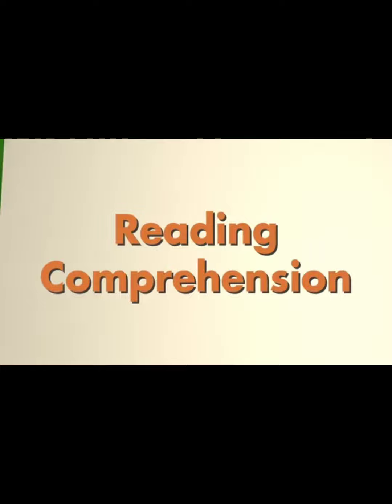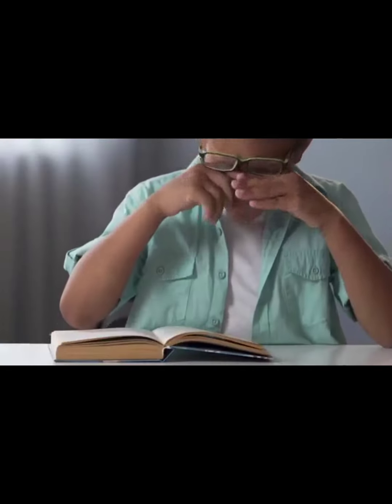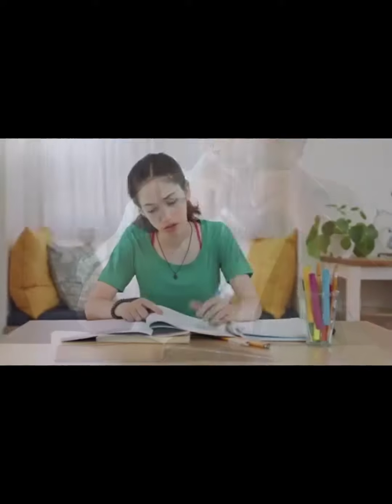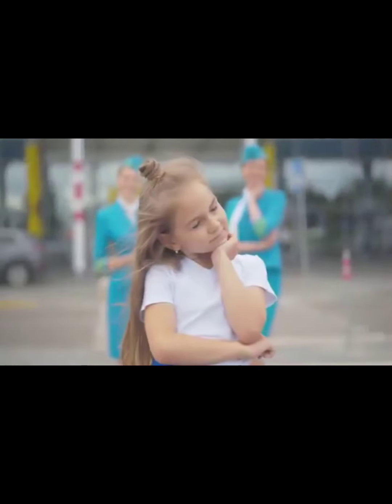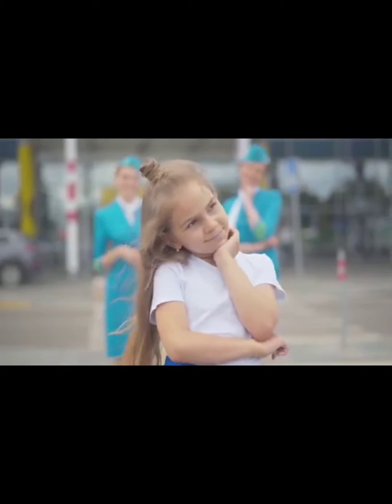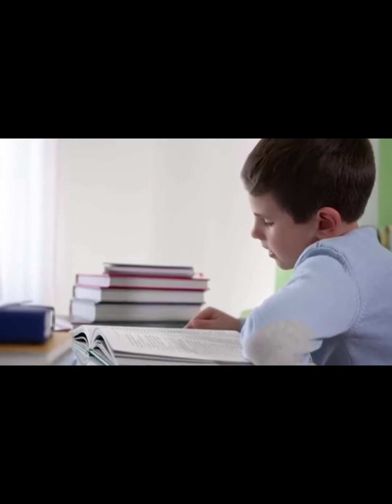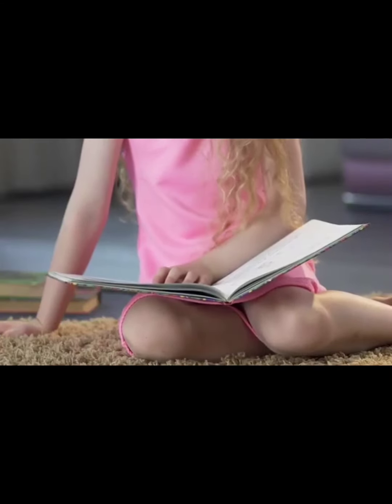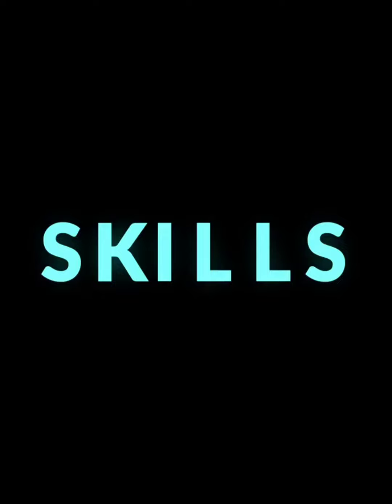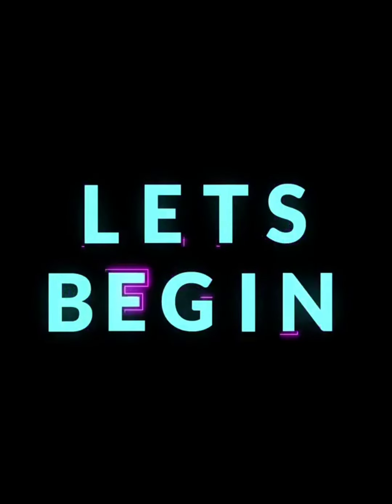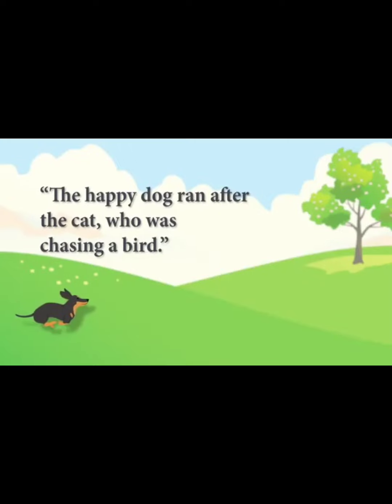Reading comprehension for kids. Do you ever find yourself getting sidetracked while you're reading? Like it's hard to stay focused. After a story's over, do you ever wonder, what did I just read? The good news is you're not alone. That happens to a lot of kids and even adults too. Understanding what you read is called reading comprehension. Did you know that there are skills that can help you understand what you read? In this video, you'll learn some of those skills. Let's begin by reading this sentence together. The happy dog ran after the cat, who was chasing a bird.